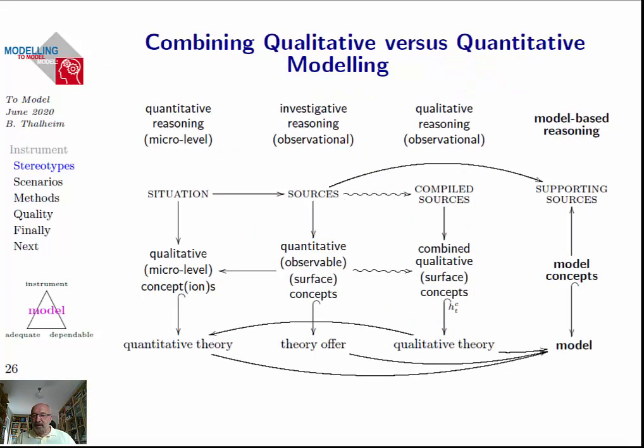That means in this case we have nothing else than a situation and sources, compiled sources that result maybe in some kind of qualitative theory and reflect what we have for quantitative theories by models and model concepts.